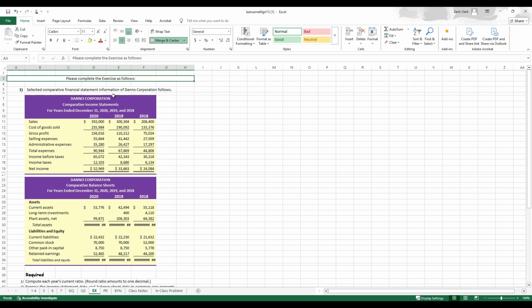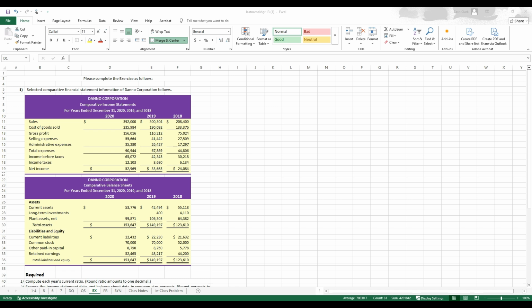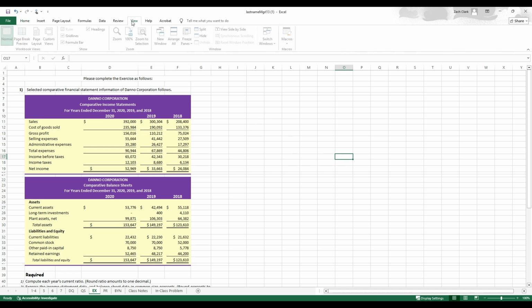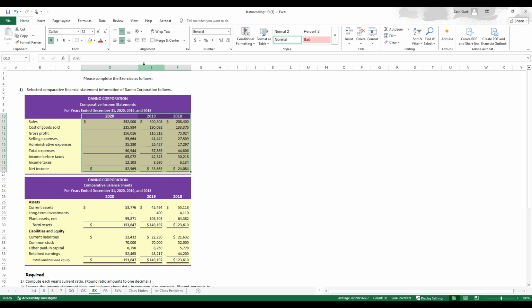Okay, let's look at our exercise here. All right, so now let's take a look at the EX tab. In this problem, let's take our grid lines off. We've got financial statements for this company, a 3-year comparison, 2018 to 2020.